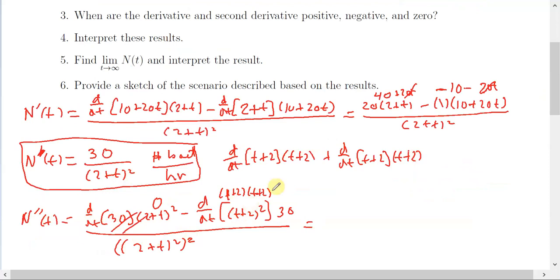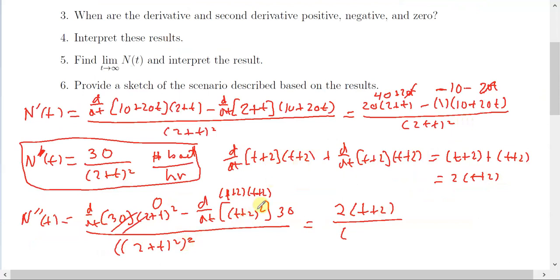So that's our product rule. Well, this is going to be 1 times t plus 2, and so is the other one. And I'll just leave it as 2 times t plus 2 without multiplying it all out, because that's going to cancel with the denominator here.